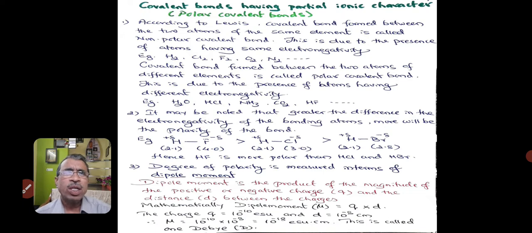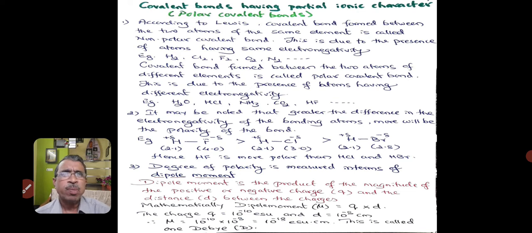According to Lewis, a covalent bond formed between two atoms of the same element is called a non-polar covalent bond. This is due to the presence of atoms having the same electronegativity. Examples: hydrogen, chlorine, fluorine, oxygen, nitrogen, and so on.